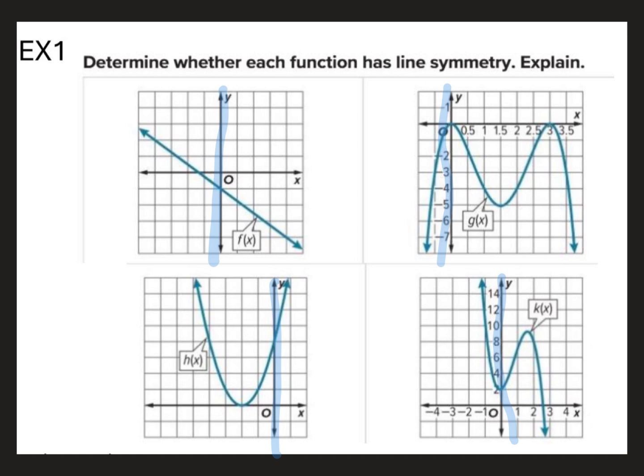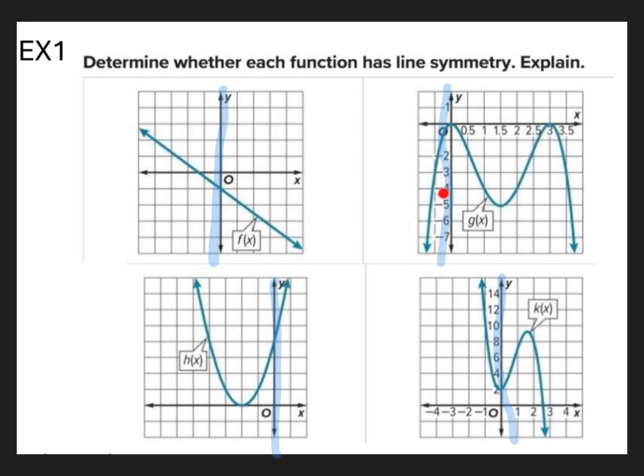If I look at this first one, if I were to fold this graph in half along this line, where the fold is, would this piece land on this one? No, it would not.